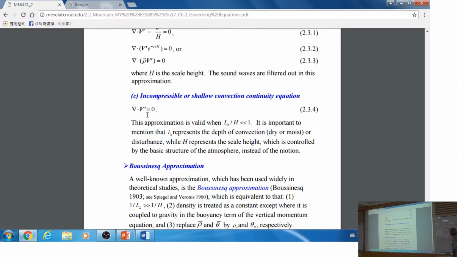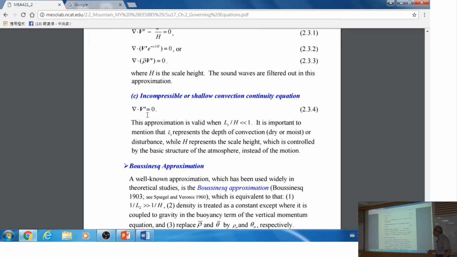If this term is almost 0, very small, then we end up with del dot v equals 0. That gives us partial u partial x plus partial v partial y plus partial w partial z equals 0. This is called the incompressible continuity equation.